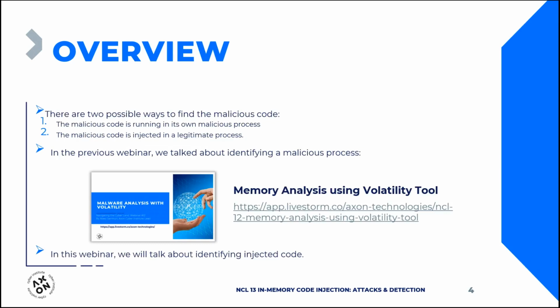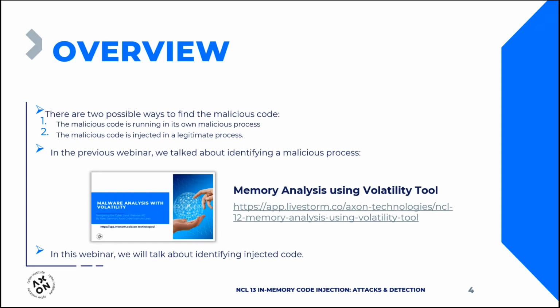Now, when you look into processes, there are two possible ways to find the malicious code. Number one, the malicious code is running in its own malicious process. This was the topic of the previous webinar, where we discussed tips and techniques to differentiate malicious processes from legitimate processes.